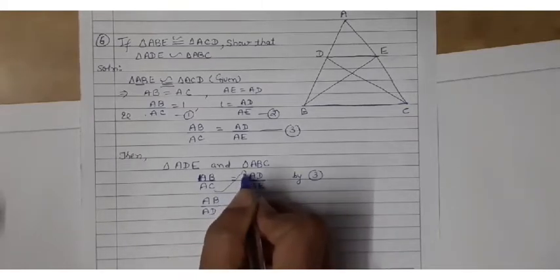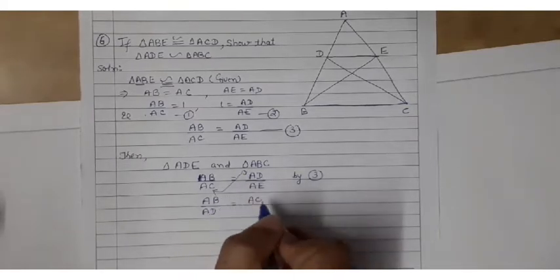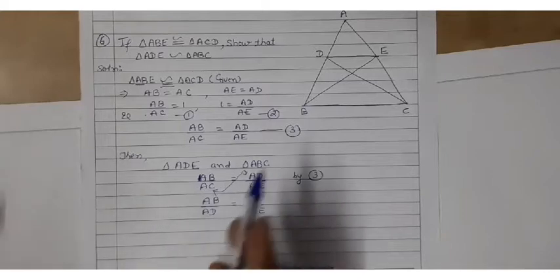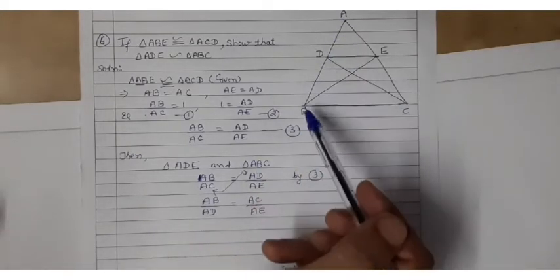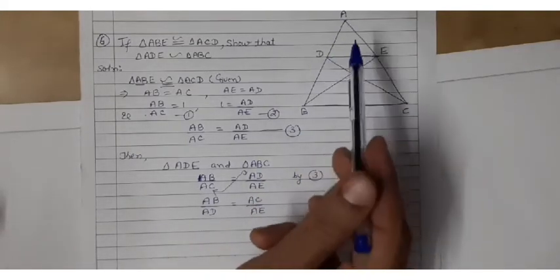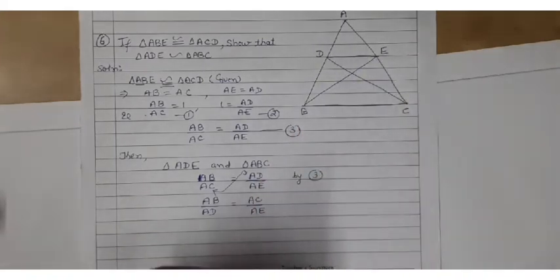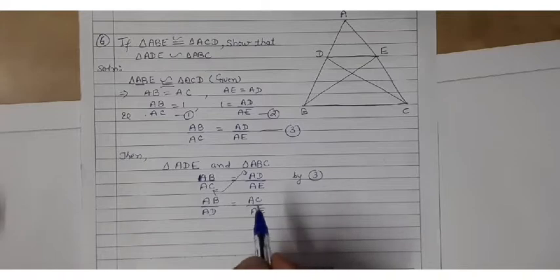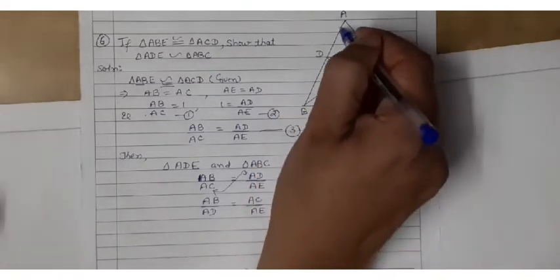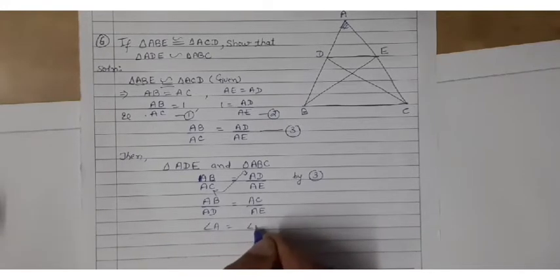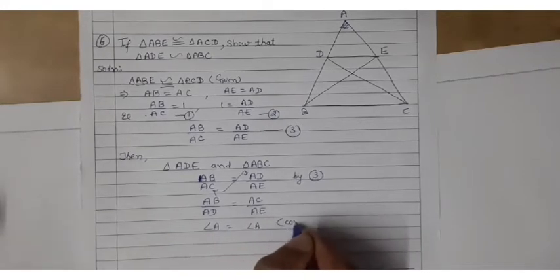So what will be? AB upon AD is equal to AC upon AE. Okay, and one angle is common here. This angle A is common. Angle A is equal to angle A, common angle.